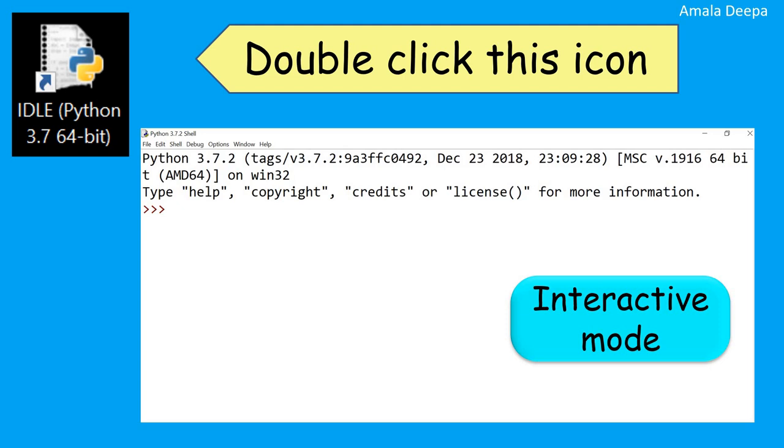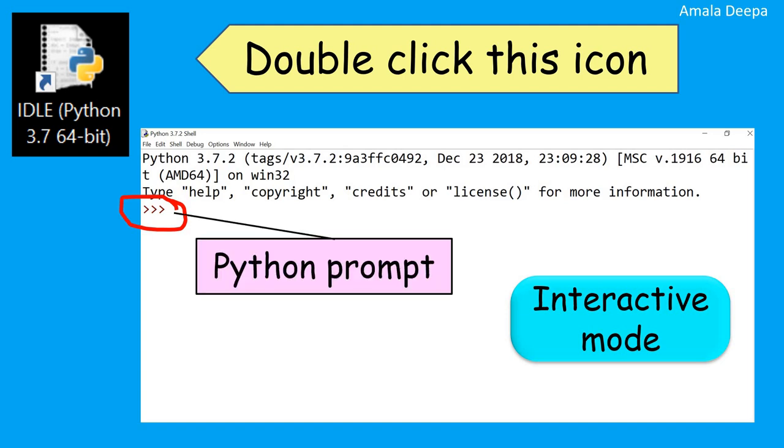In this window, you can see a symbol made up of 3 greater than signs. This is called the Python prompt. At this prompt, you can type short commands and try out the output. This is called interactive mode.